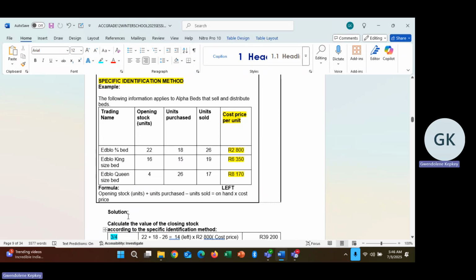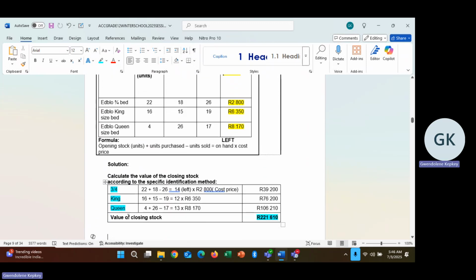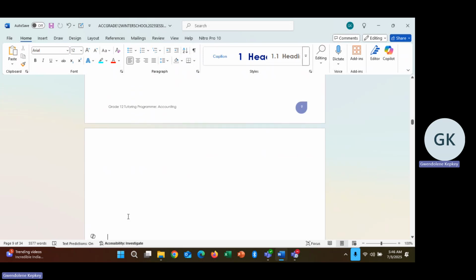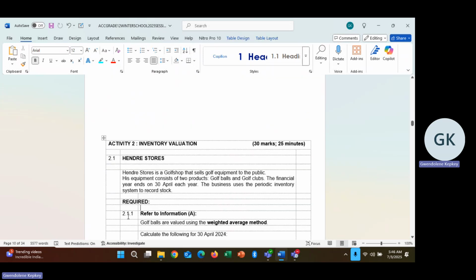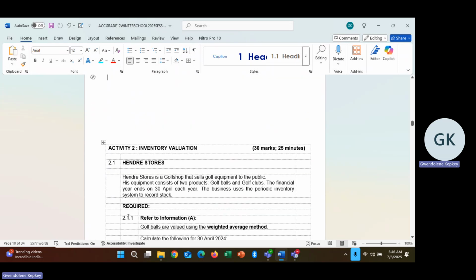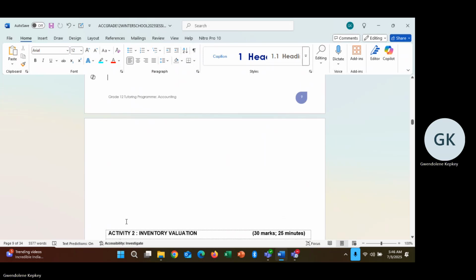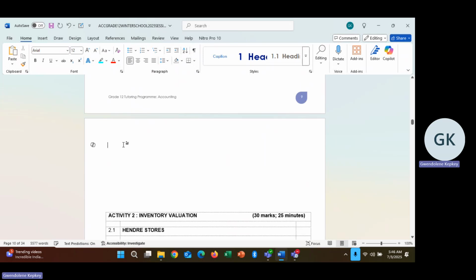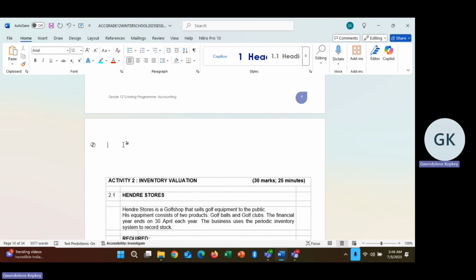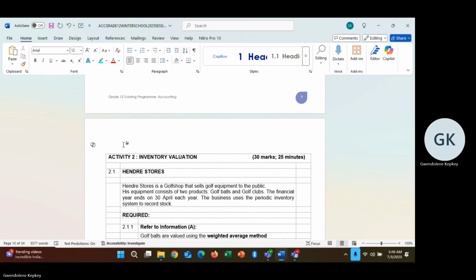So now we're going to move to a question that actually has that specific calculation relating to specific identification.